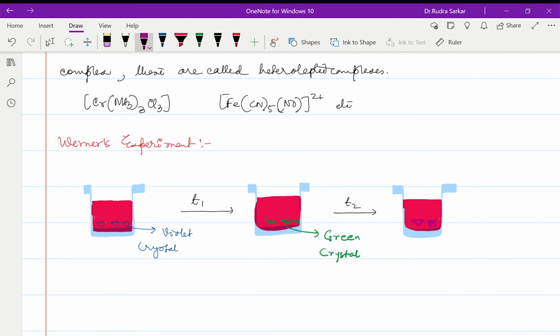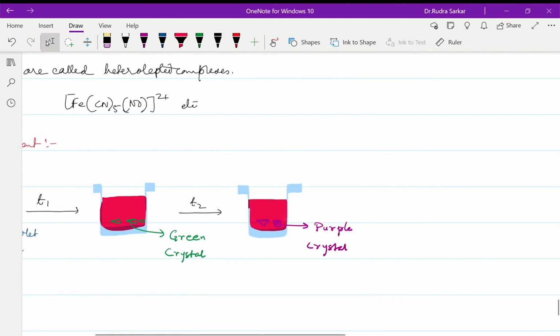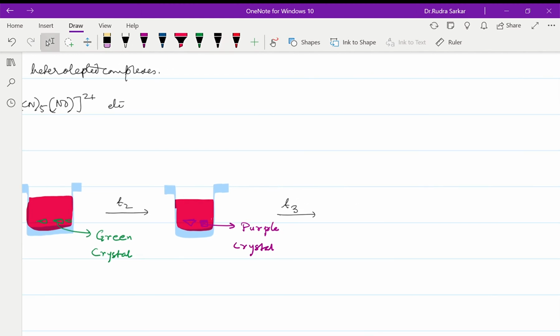So same solution, right? If you keep the solution and go away, it will be a mixture of violet, green, purple colored crystals. But you have paced yourself that way: if I keep the solution for this much time, I will get this type of crystals. I will decant it, and then from the same soup, I will get another kind of crystal, and that is how I will be isolating the crystals. This process is called fractional crystallization.